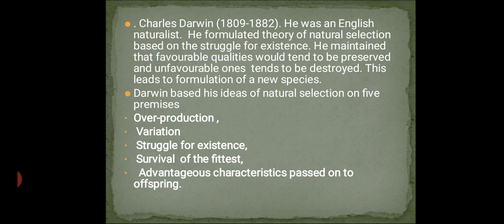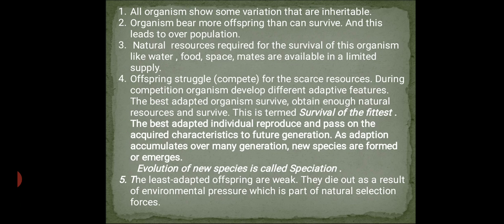He claimed that organisms tend to produce more than what they need. As a result of this, overpopulation sets in, and the natural resources required for their survival are in short supply.